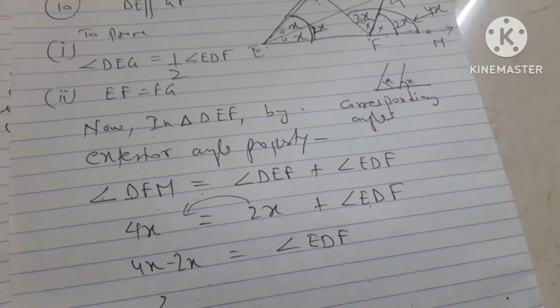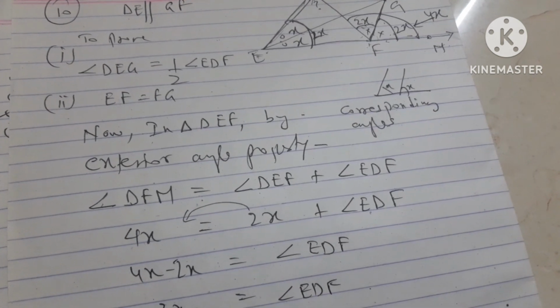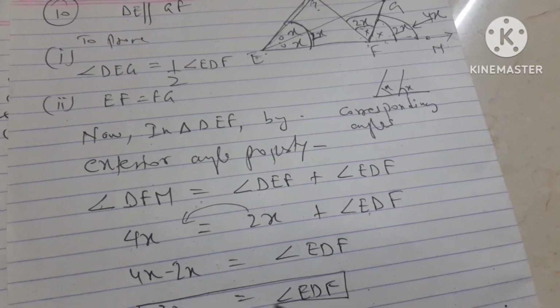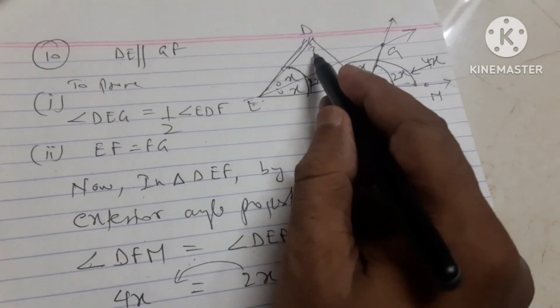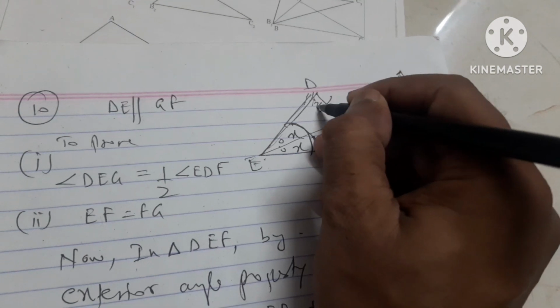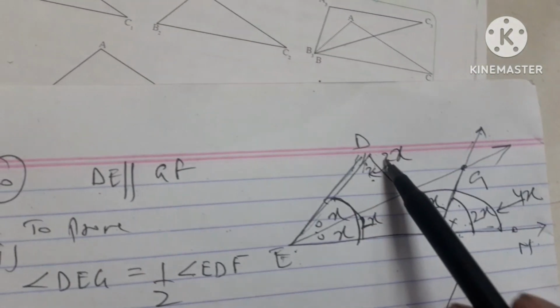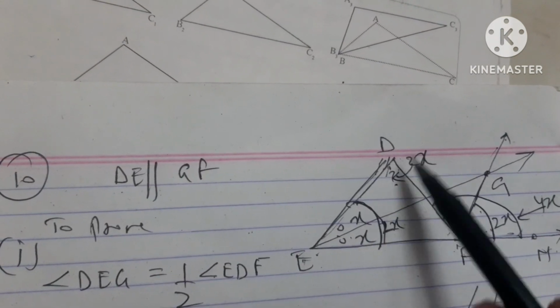So 4x minus 2x will give you 2x, and so here we have got the value of EDF. So we have got one of the remote interior angles as 2x again. Now if you compare 2x and 2x, these two angles are the same. See, this is also 2x, that is also 2x.